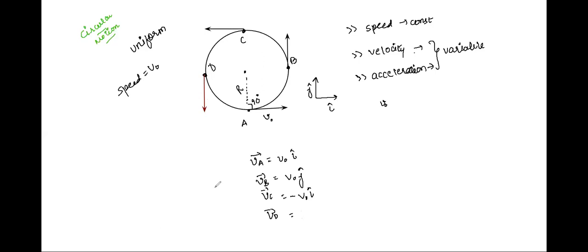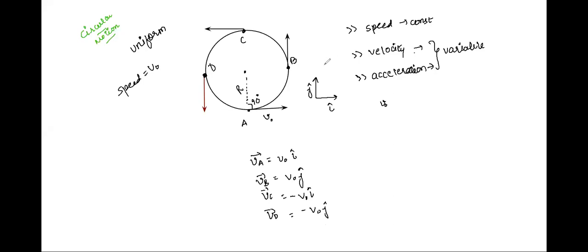Velocity at point D is minus V naught J cap. Absolutely correct.